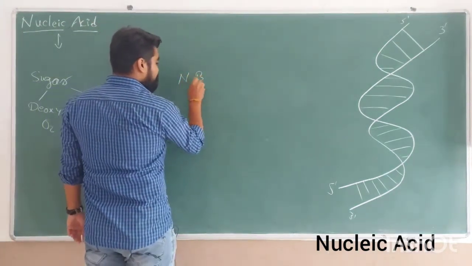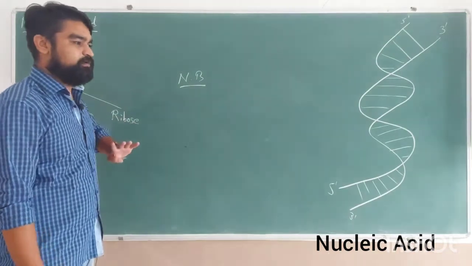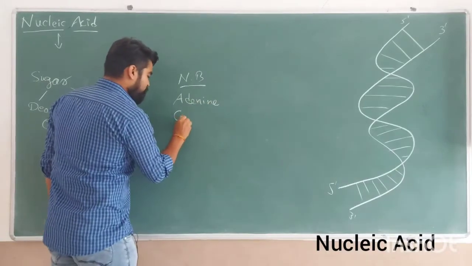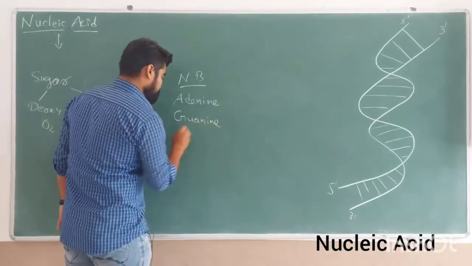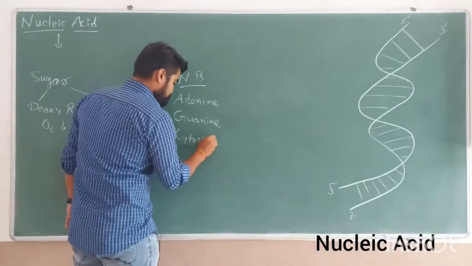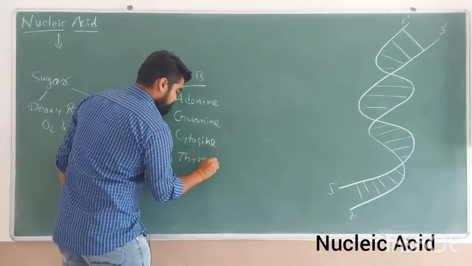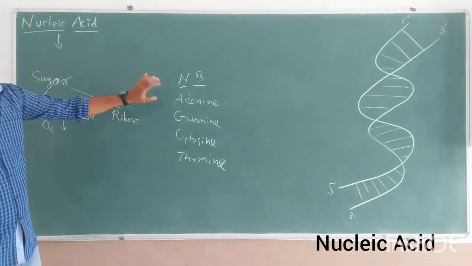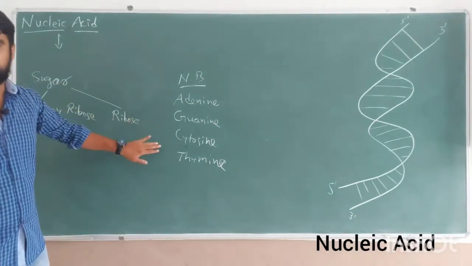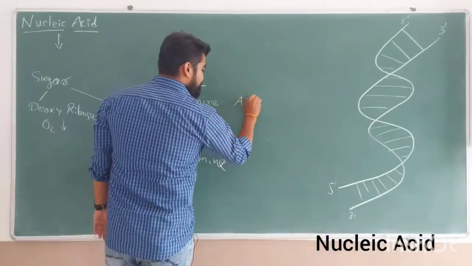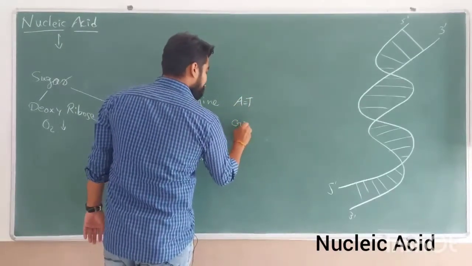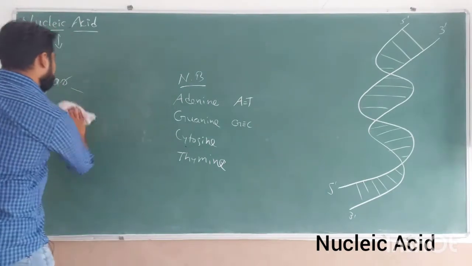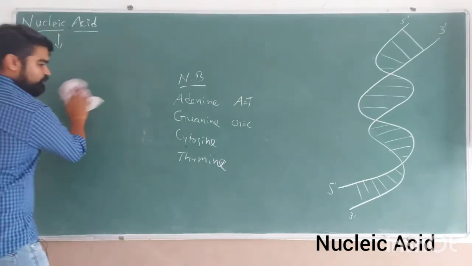Then if we talk about nitrogenous bases, in DNA there are 4 bases involved: adenine, guanine, cytosine and thymine. These are the 4 nitrogenous bases involved in the structure of the DNA, out of which A and T form a bond and G and C form a bond in the structure of the DNA. That we will discuss ahead. And phosphate is also there.